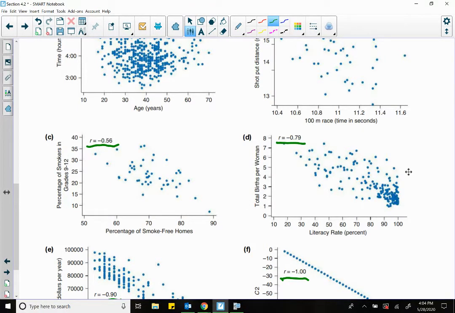That's what we're saying. Just because we have a relationship here that's pretty strong doesn't mean that literacy is going to cause lower births for women. So correlation does not mean causation. Just because you read a lot doesn't mean you're going to have fewer babies. Okay?